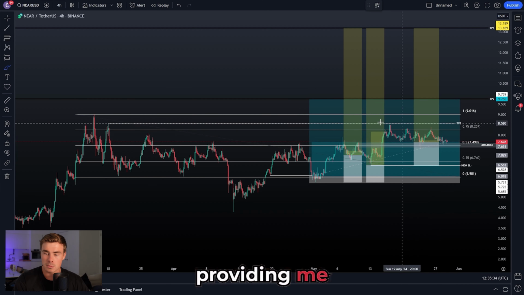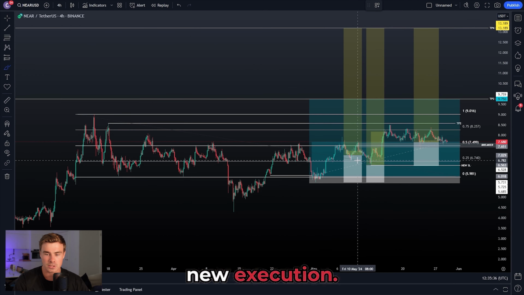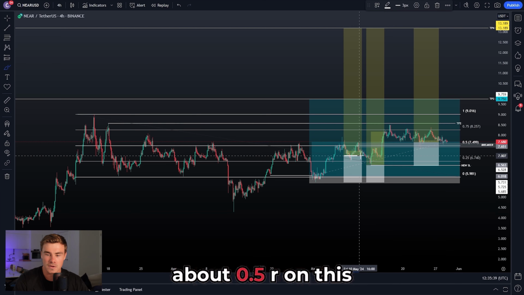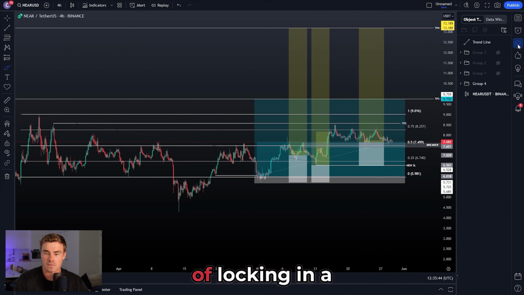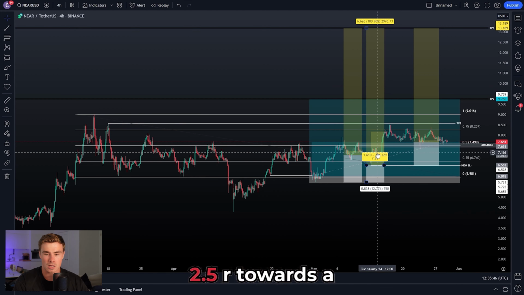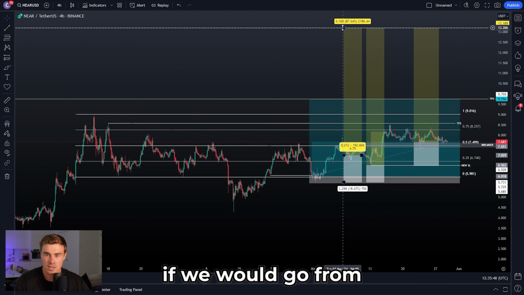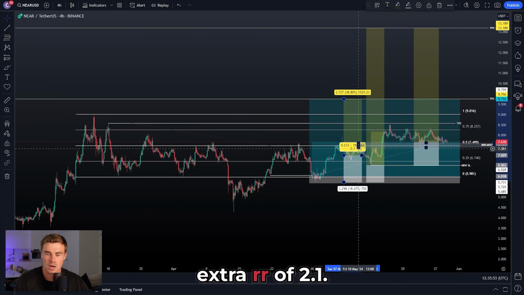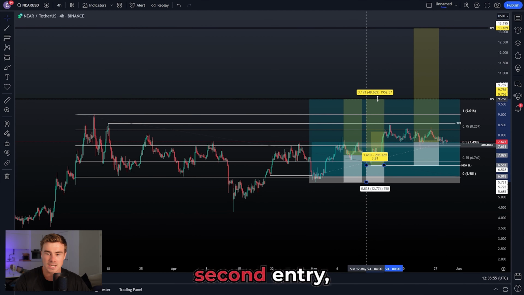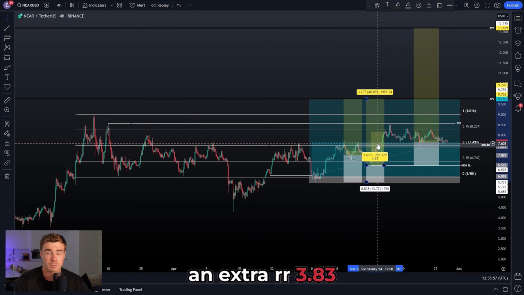The chart providing me with new triggers, I started looking for new execution. So I risk about 0.5R on this entry and about 0.3R on this entry. Now, instead of locking in a total gain of 2.5R towards a final take profit target, if we would go from here towards that final take profit target, it would offer an extra RR of 2.1, and from the second entry, an extra RR of 3.83.